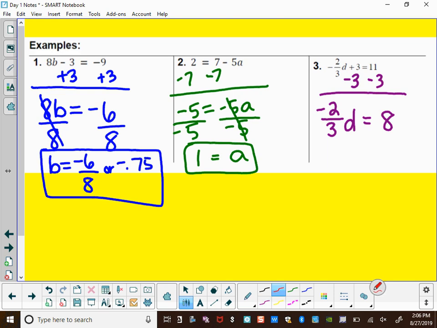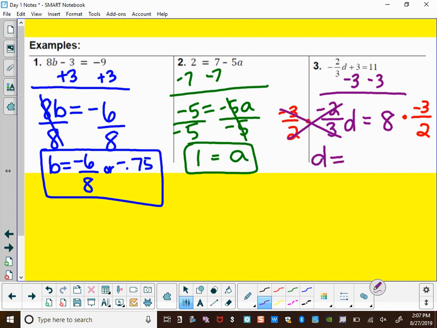If I do it all in one step, I'm going to multiply by the reciprocal. So I'm going to flip it and make it negative 3/2. And that's what I'm going to multiply by. Doing it your way definitely works. It's just an extra step. You can times 3 and then divide by negative 2, same thing. So on the left side, this is gone, that's gone.